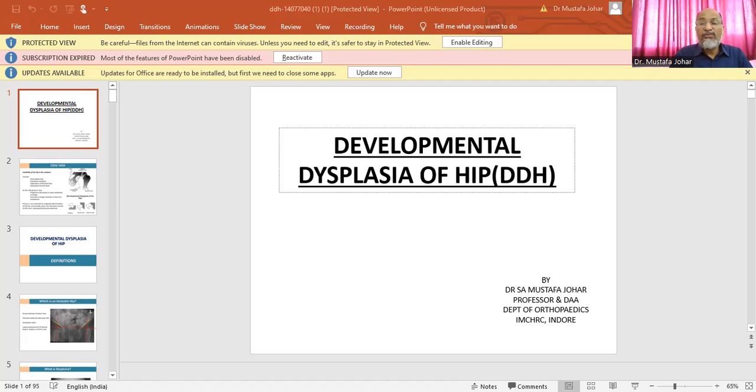Then there are certain children who have a positive family history of dysplasia of the acetabulum. In those cases, there is a primary acetabular dysplasia. The acetabular cavity is not fully developed at the time of birth, and the pressure caused by the head on the acetabulum is not there, and it is dysplastic from the very beginning, from day zero of birth.